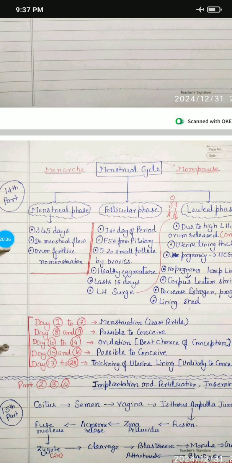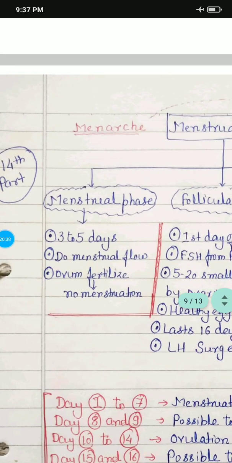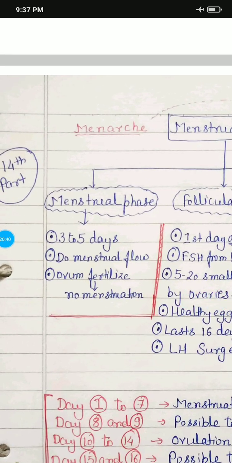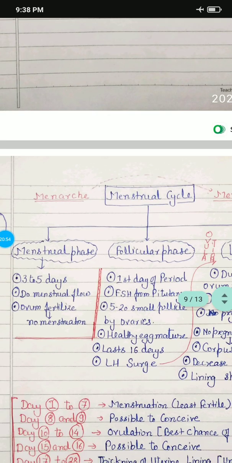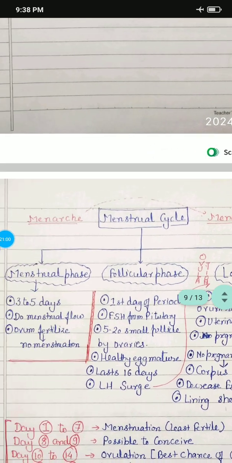Now the menstrual phase takes place for 3 to 5 days, because here menstrual flow is there. If the ovum is fertilized, no menstruation takes place. But before that, I would like to tell you, the menstrual cycle happens between menarche and menopause.